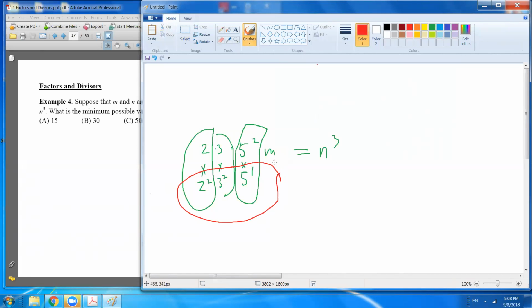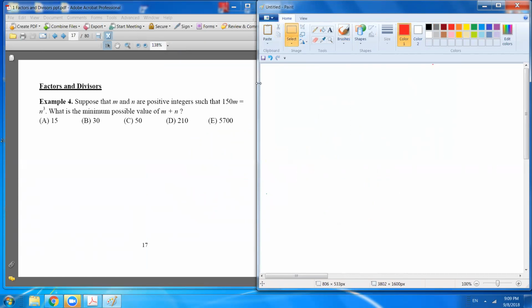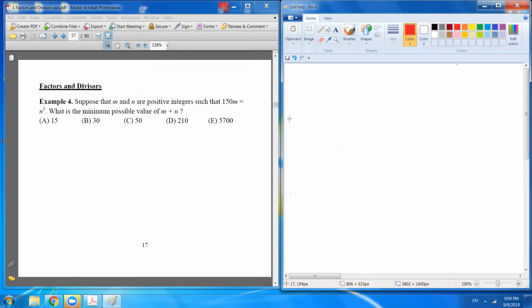If m is that, we get a cubic number minimum. Certainly you can get a bigger number, you can multiply by 7 cubed, but that's not what we want. Is that clear? This is why we do that. So we get m, certainly we get n, right? You get an answer. Very typical.